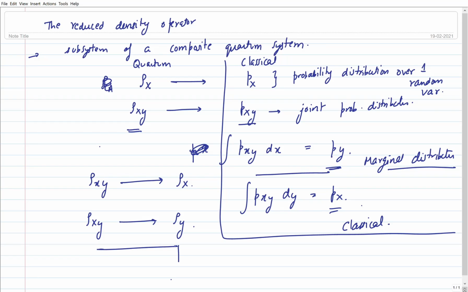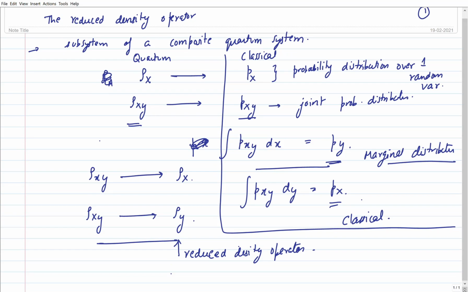This I do by something called the reduced density operator. Let me by definition define it: the map that gives me the reduced density operator is called the partial trace map, the partial trace over one of the subsystems.